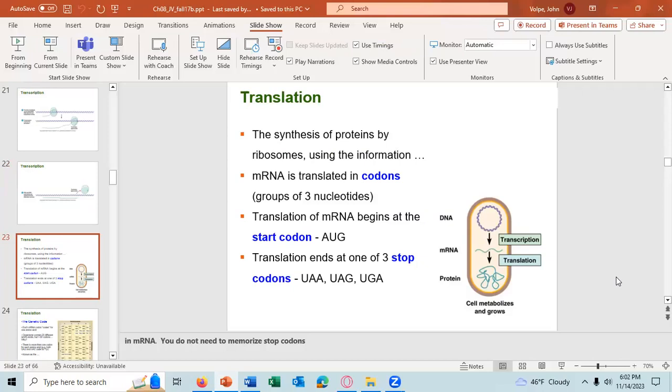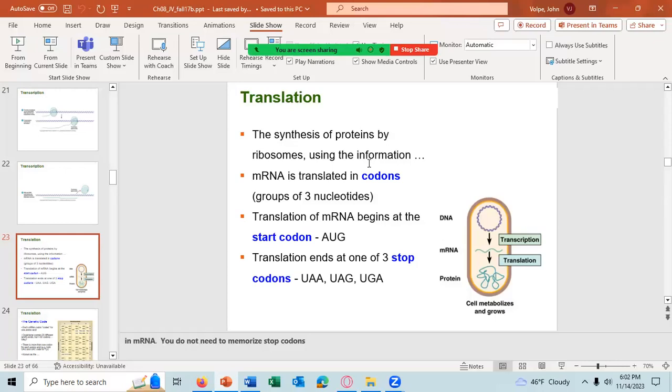And then that messenger RNA will move to a ribosome, or the ribosome will move towards it, doesn't really matter. And then the ribosome will bind to the RNA and then move down the RNA, sort of reading the messenger RNA to perform protein translation.